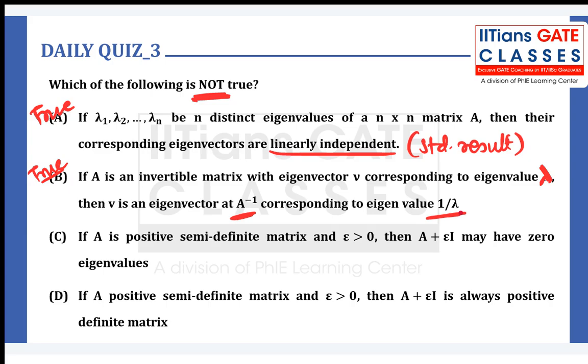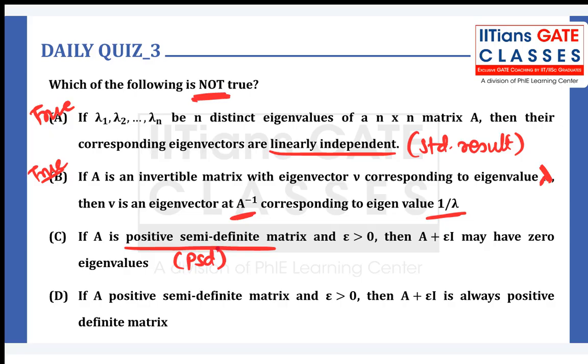Okay. Now options C and D are more or less talking about something called a positive semi-definite matrix. The important property that you should know about positive semi-definite matrices to solve this question is the nature of their eigenvalues. We usually use PSD as the acronym for such matrices.